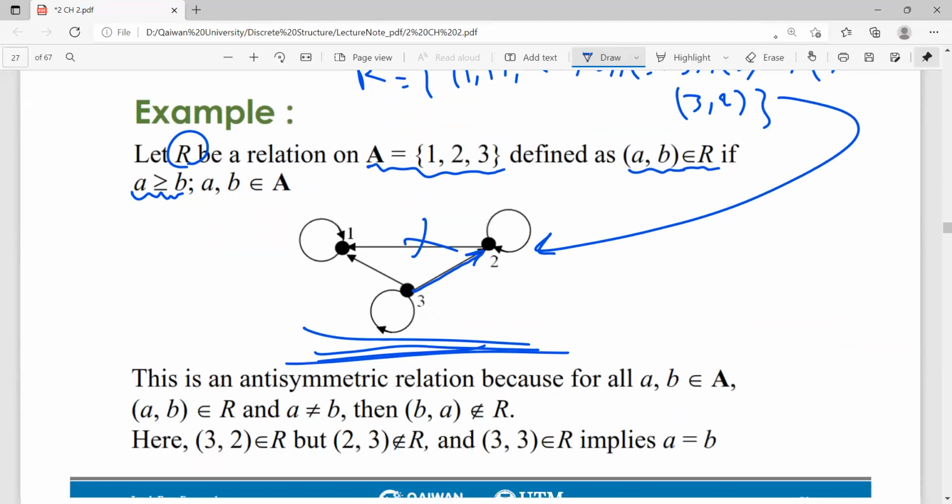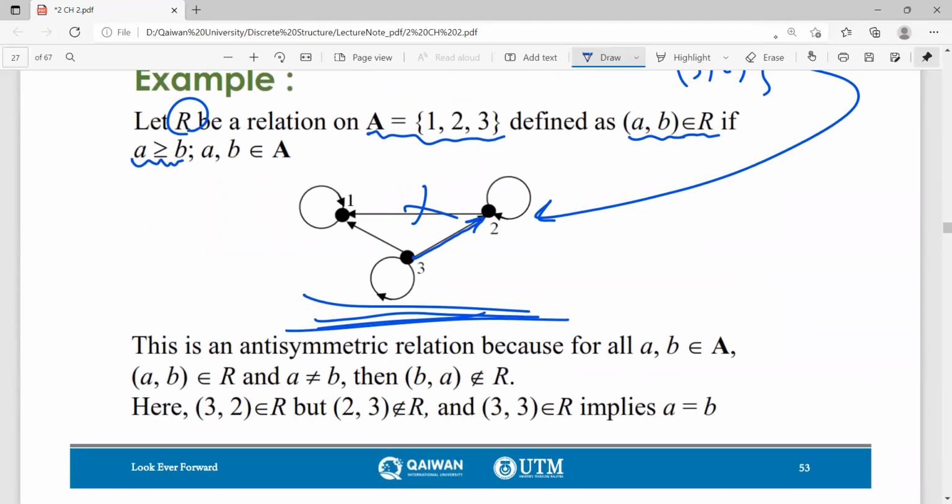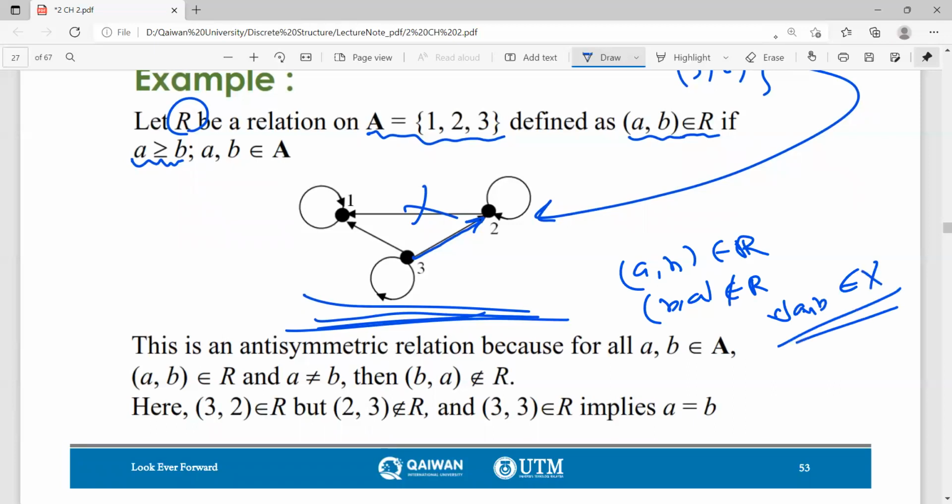So we say this relation is anti-symmetric because here we have (A, B) in R, but we have no (B, A) in R, and that's for all A and B in X. For all A and B in X, if A doesn't equal B, it satisfies this condition. So we say the relation is anti-symmetric.